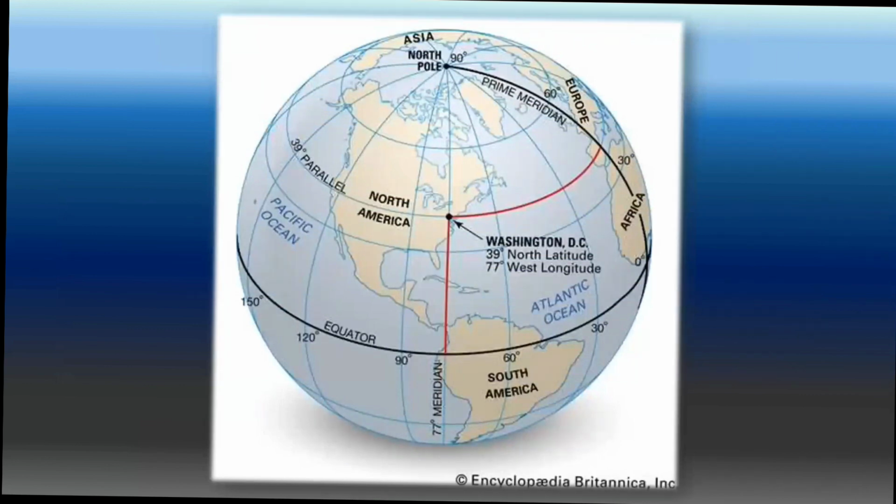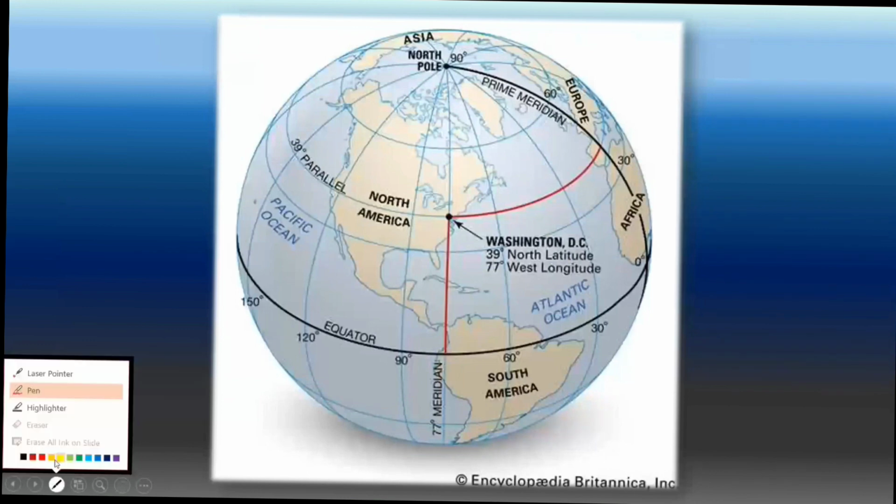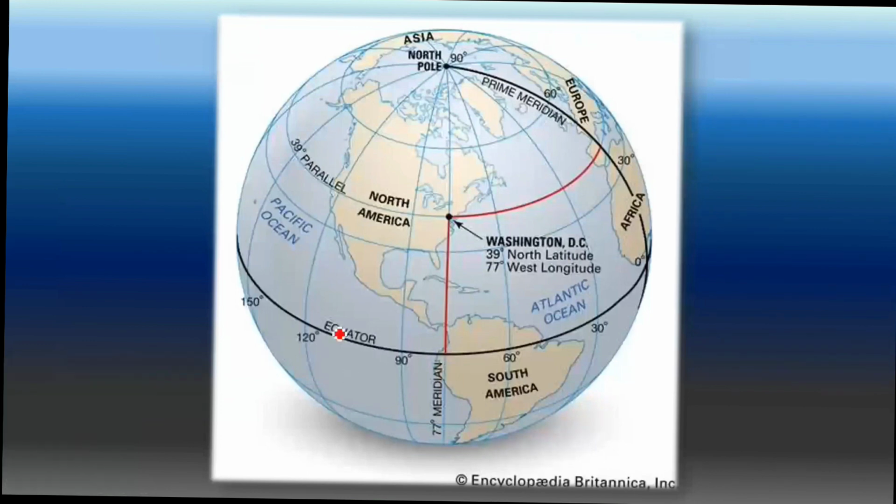So this is just again to show you the coordinates of a point. Here we have the coordinates of Washington, D.C. Washington, D.C. is 39 degrees north, which is the latitude. Let us identify the equator.